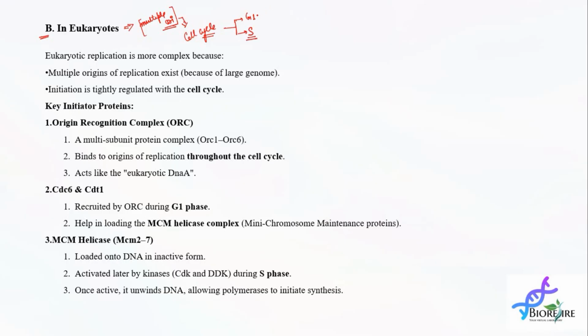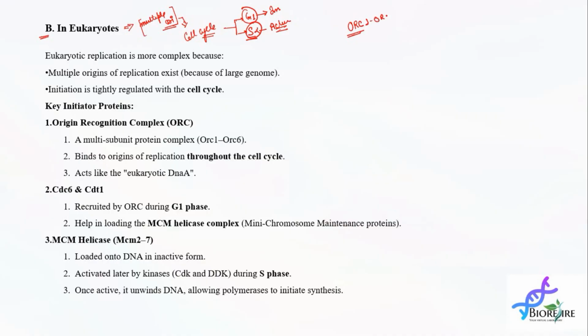In G1 phase, initiation will be prepared, but in G1 phase the initiator protein is inactive. In S phase, it will convert into the active form and the replication process will start. G1 phase means preparation phase, and S phase is the synthesis phase. Here the ORC proteins, ORC1 to ORC6, play the most important role.